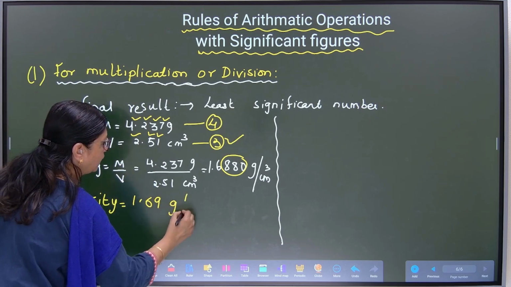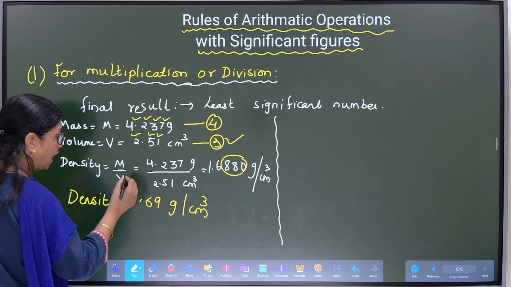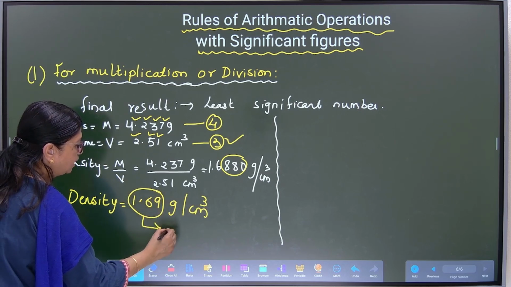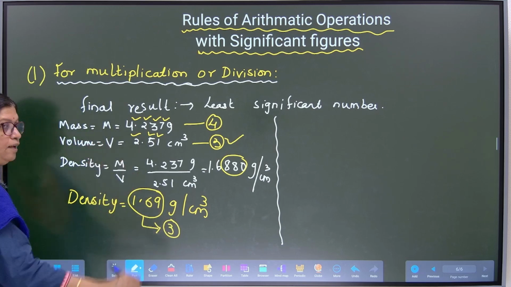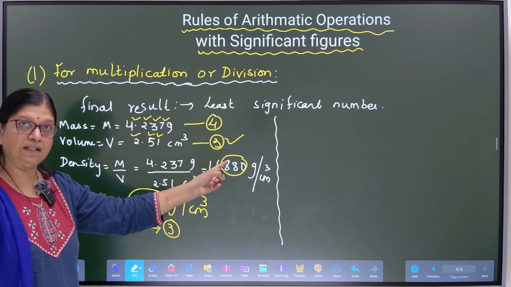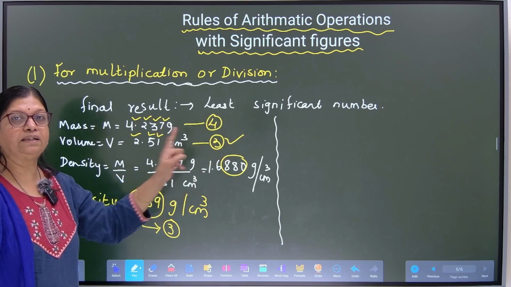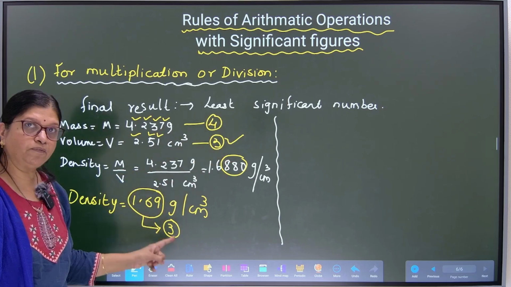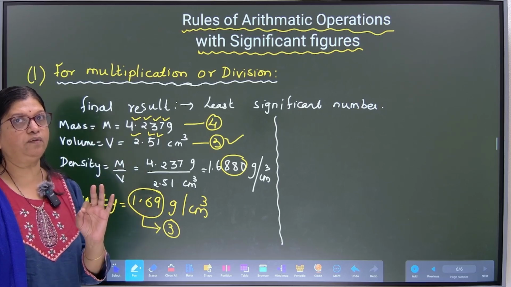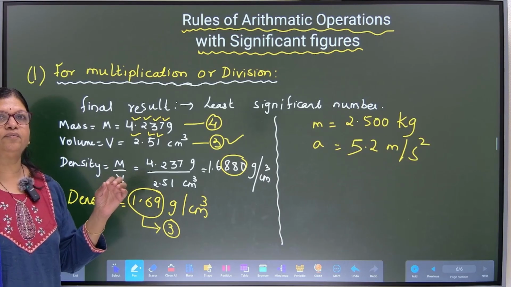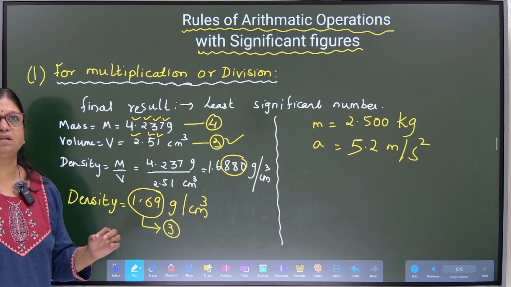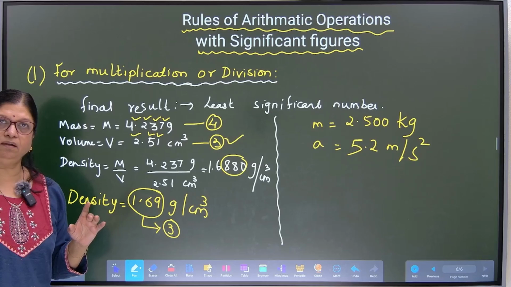Okay, gram per centimeter cube. So now my answer has 3 significant figures, which is the least among the two that should be in my final result also having 3 significant figures. I hope you have understood. So we have seen how to divide two measurements using the rule for significant numbers.